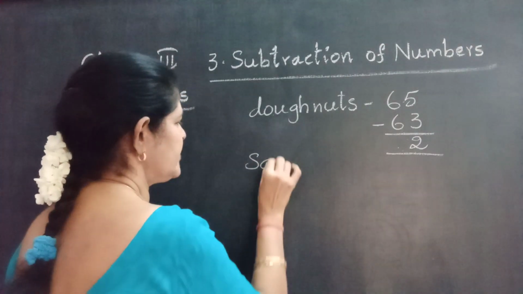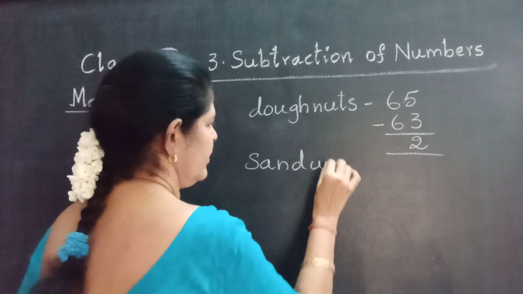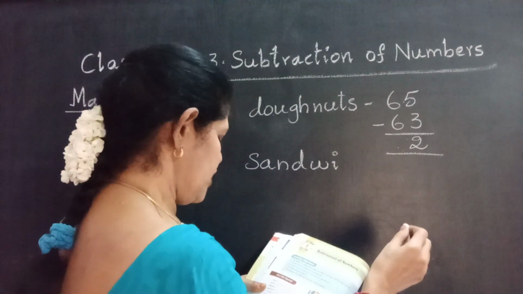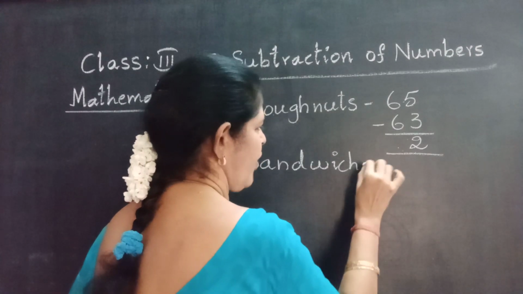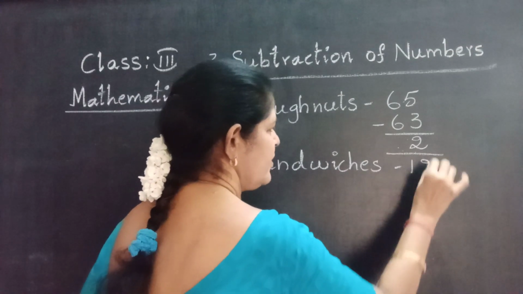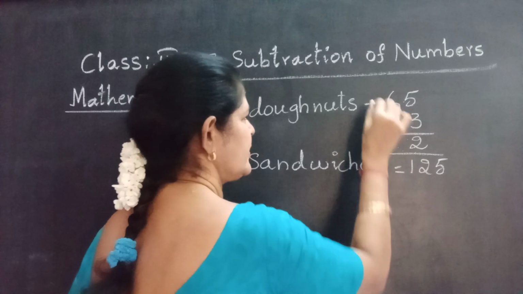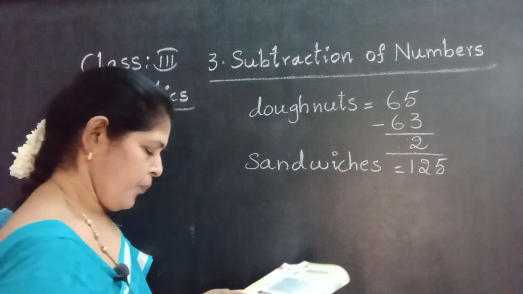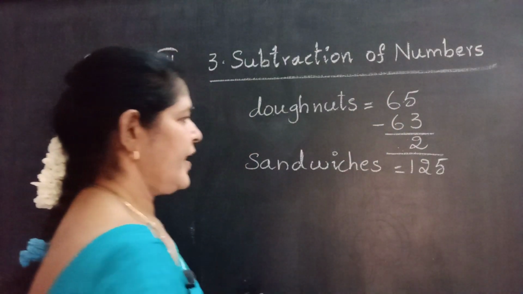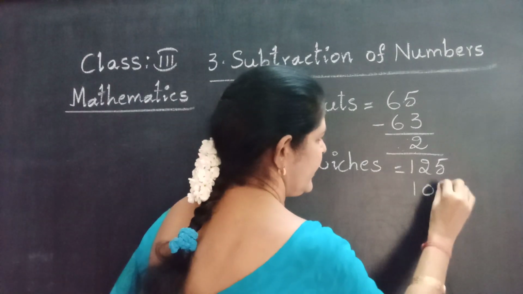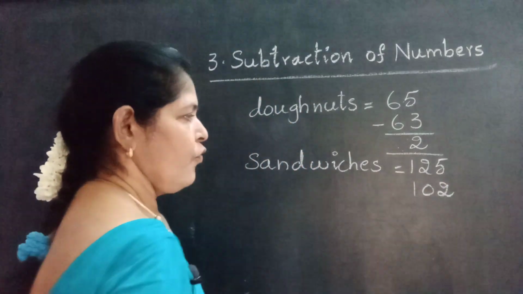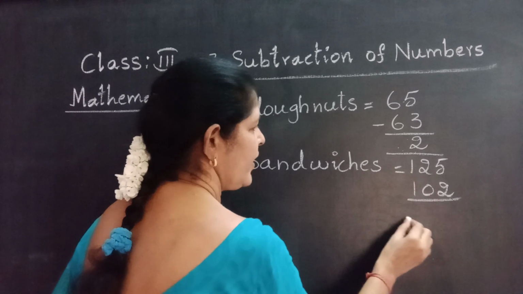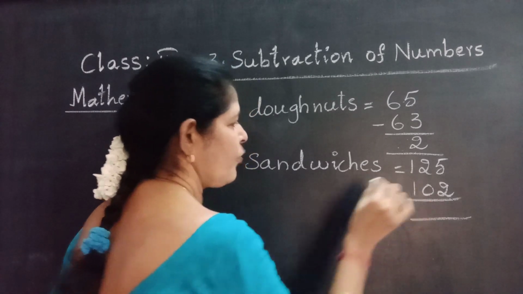Second one, sandwiches. How many sandwiches is she going to order? 125 sandwiches she ordered for the party. How many are eaten? 102 are eaten. Then how many are left?